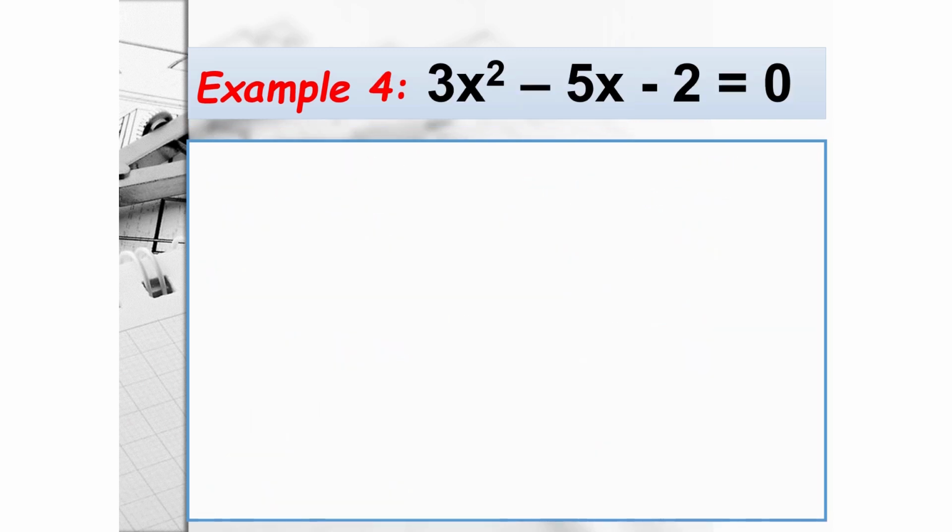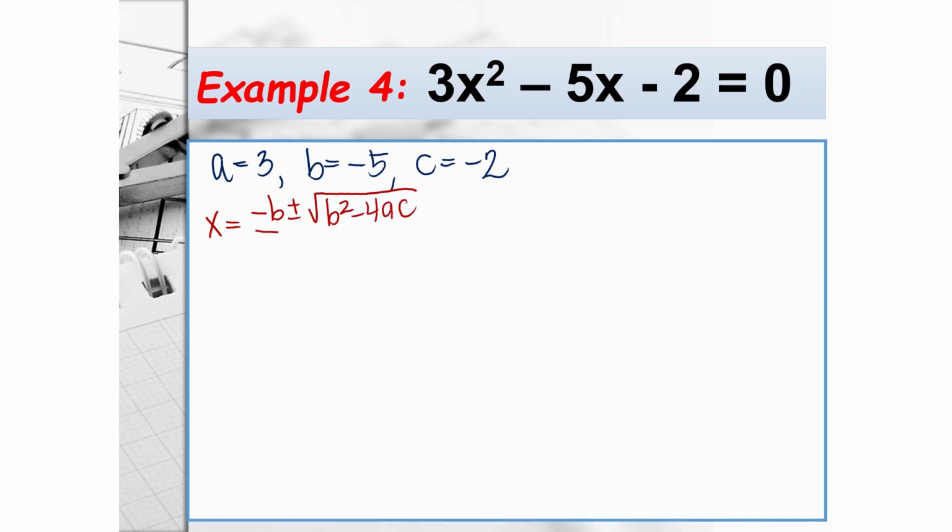Example number 4, 3x squared minus 5x minus 2 equals 0. So it is already in standard form. So let us just identify the value of a. So that is 3. The value of b is negative 5. And the value of c is negative 2. The quadratic formula is denoted by x equals negative b plus minus square root of b squared minus 4ac all over 2a.